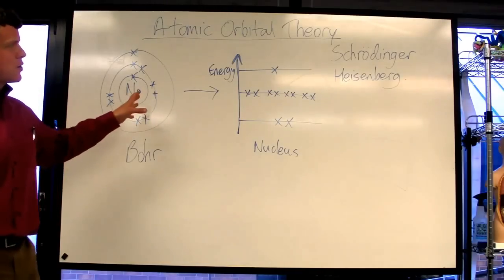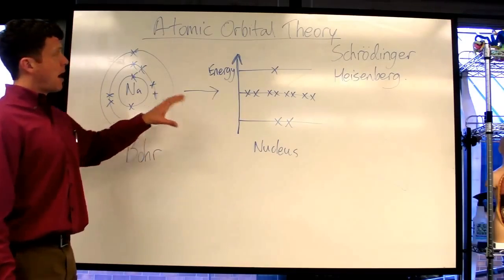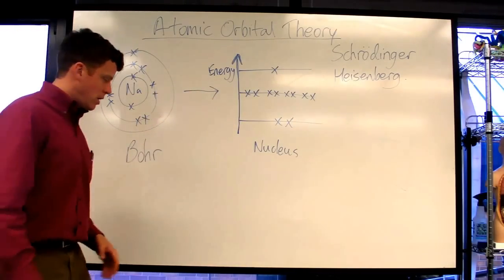So I'm going to erase this and then talk about the orbital shapes that we know exist, and then how many electrons exist in each orbital.